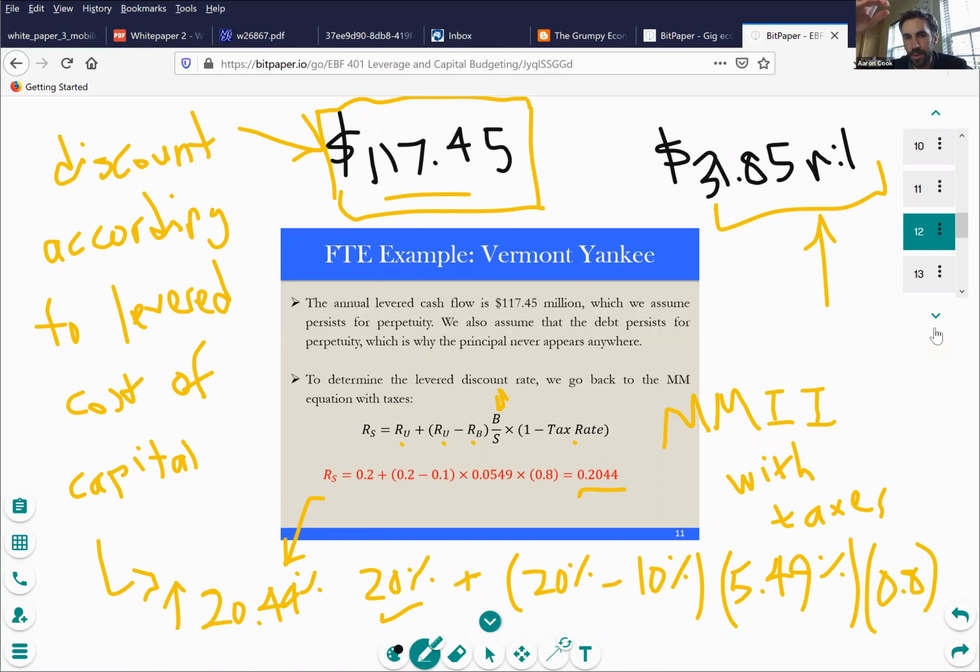We keep that on our books forever, and we only pay the interest payments associated with that debt. So that is not an extra cost the firm is incurring. The cost of that debt is totally captured by the interest payments, which are captured by this 117.45. So we don't have to subtract that 31.58 million when computing the net present value of that project, because it is paid for with interest rather than an amount up front.